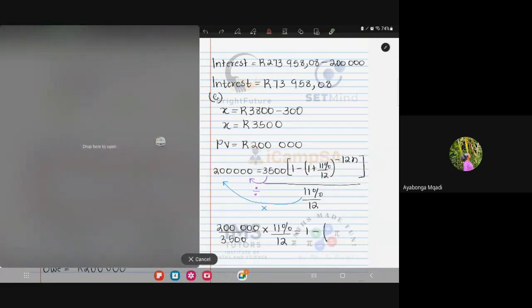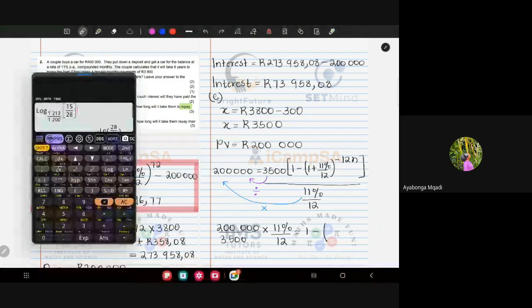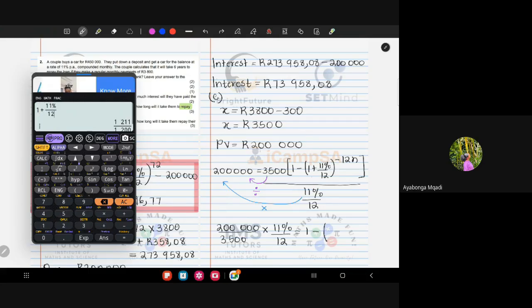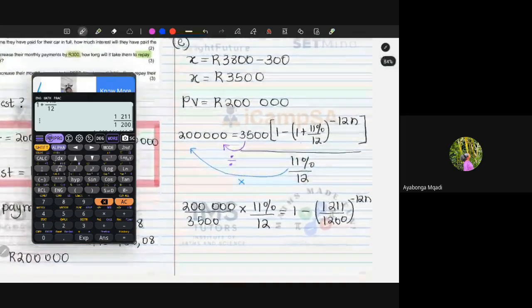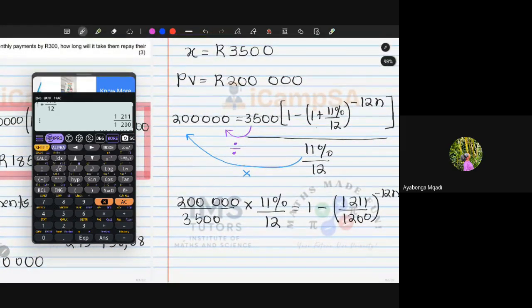Anyone, guys? What is that? 1 plus 11% divided by 12. So what I get is 1,211 divided by 1,200. This is to the power of negative 12n. So I can now go ahead and solve for n here by taking it to the other side.